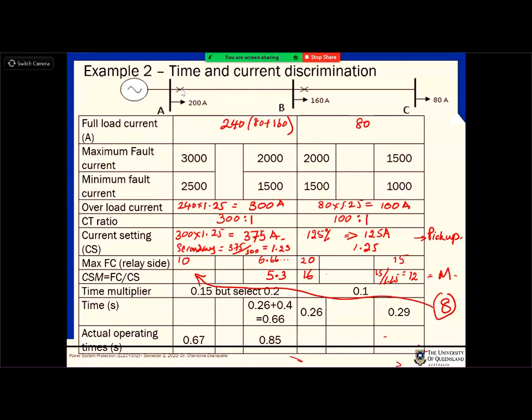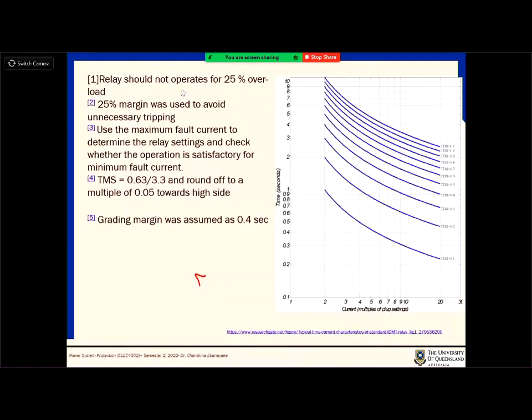Time multiplier settings. If you go into the characteristics, that is in the next slide. Yeah, here. Can you see the characteristics given here? Which one is this, let's say, lowest TDS? It is 0.1. Lowest TDS is given as 0.1.